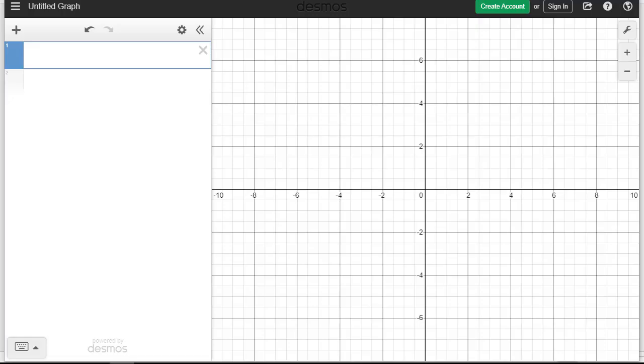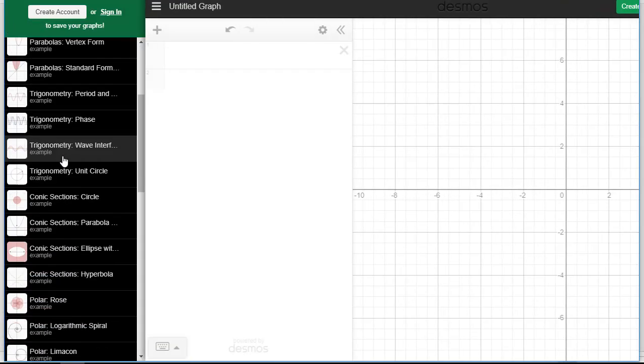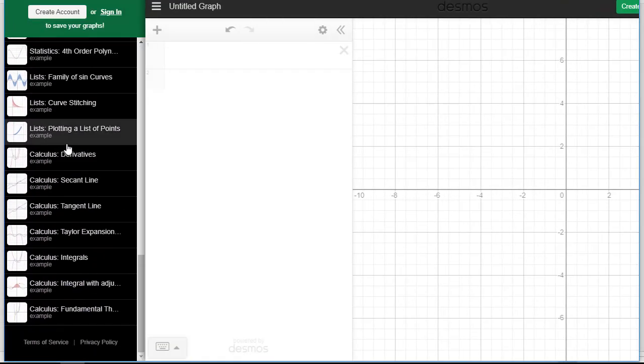All right, now way back in the beginning of this whole chapter, I brought up this graph to give us a little motivation, some foreshadowing. So when I'm in Desmos.com, I'm going to click the three little lines up on the left, scroll down, and under the calculus topic is the Taylor expansion.